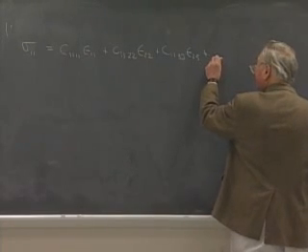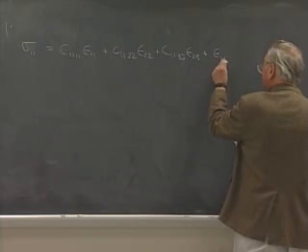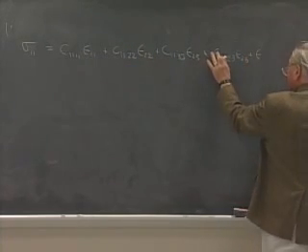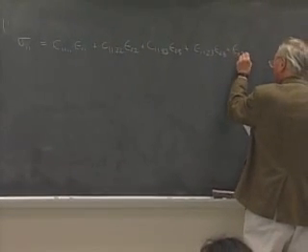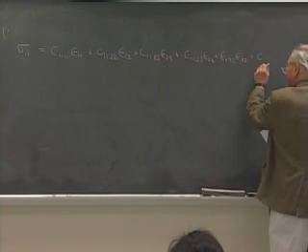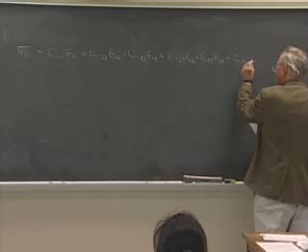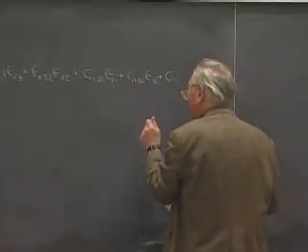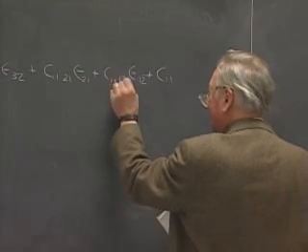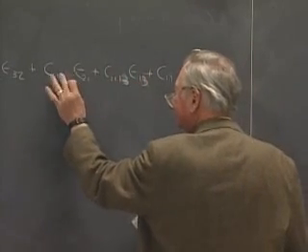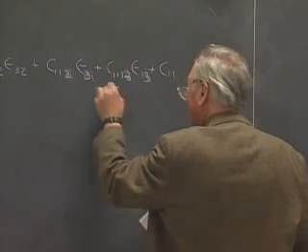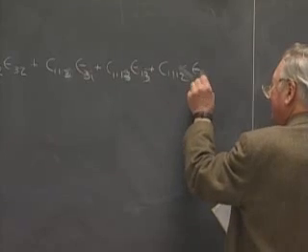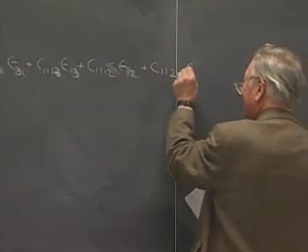And then we would have, in addition, off-diagonal elements of strain: C 1, 1, 2, 3 times epsilon 2, 3 plus C 1, 1, 3, 2 times epsilon 3, 2 plus C 1, 1, 2, 1 epsilon 2, 1 plus C 1, 1, 1, 2 epsilon 1, 2 plus C 1, 1, 1, 3, and I should have made this 1, 3 so that the other integers come out right, and a C 1, 1, 1, 2 times an epsilon 1, 2 plus a C 1, 1, 2, 1 times an epsilon 2, 1.